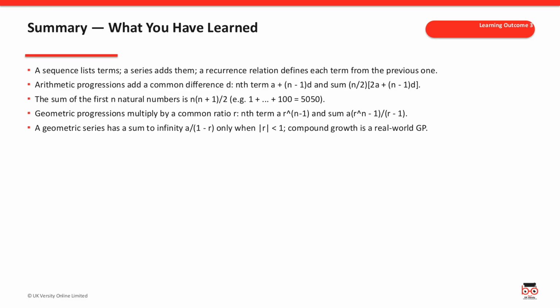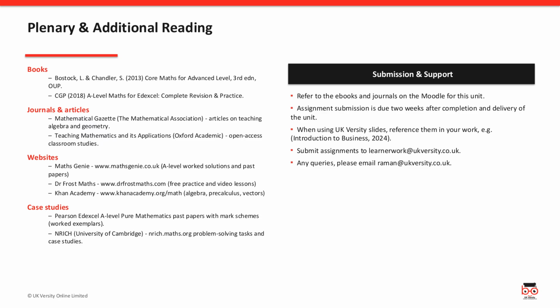The counting numbers add up to n times n plus 1 over 2, and a geometric series has a sum to infinity only when the size of r is below 1, which is exactly what makes compound growth such a useful real-world example. And that closes the outcome on sequences and series, from spotting the pattern to summing it and, in the geometric case, adding infinitely many terms.